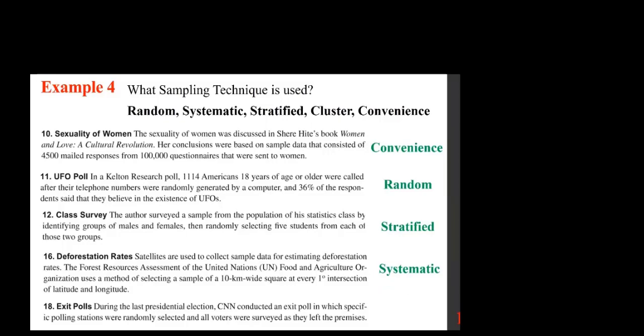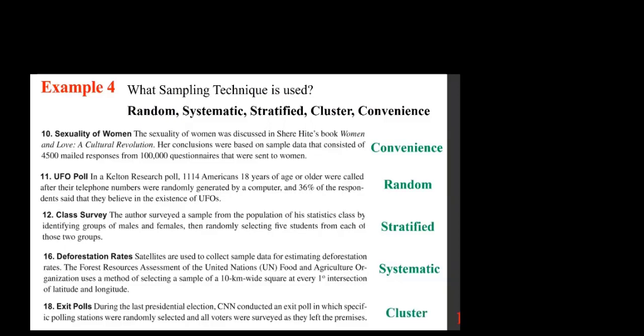Last one. Exit polls. During the last presidential election, CNN conducted an exit poll in which specific polling stations were randomly selected. All voters were surveyed as they left the premises. So is the answer random? Cluster.